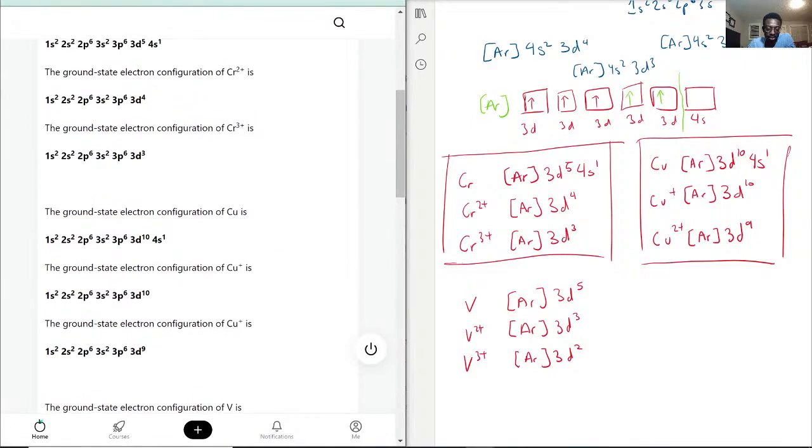Interesting. I guess when it's not close to filling that shell, it doesn't bother moving. So I guess the rule is based on, as you see here, when there's only one difference, because it still doesn't want to completely lose its fourth orbital just yet.